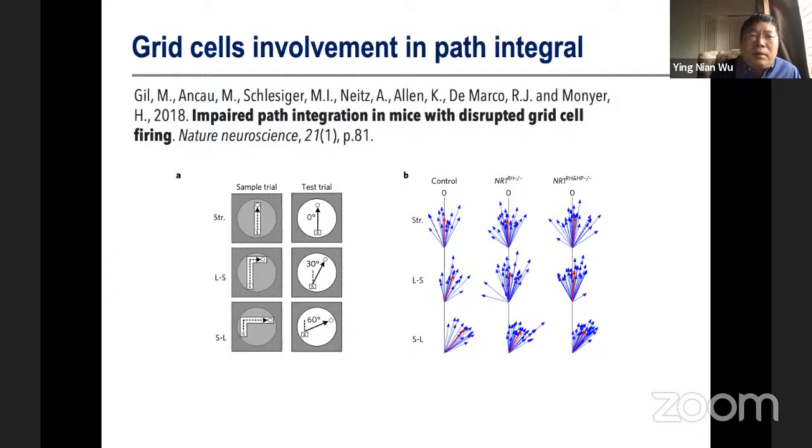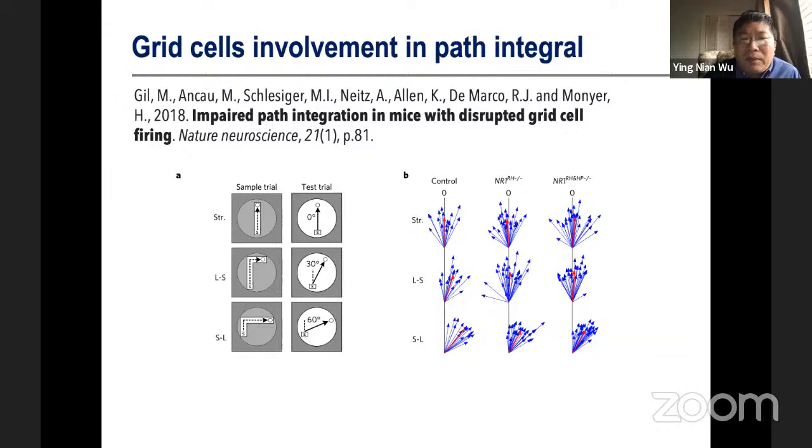And as for grid cells' involvement in path integral, there seems to be some evidence for that. Sophisticated experiments show that if you impair the grid cells, then path integral can be affected.